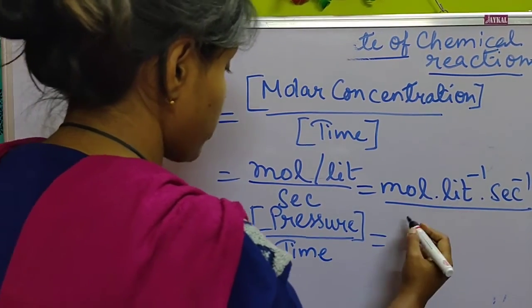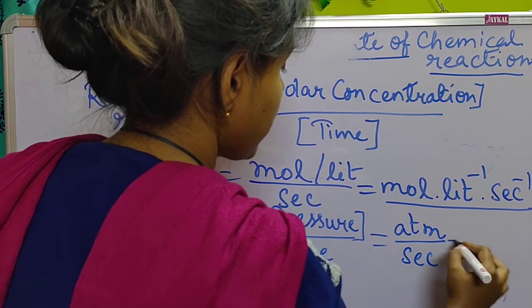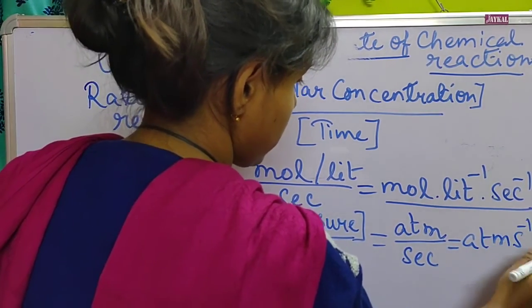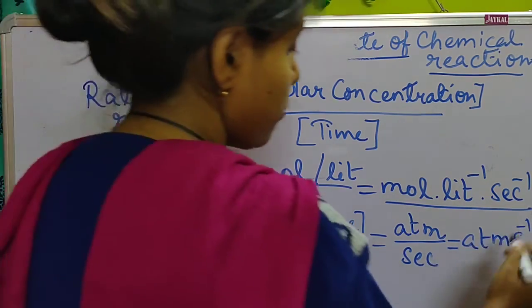Pressure means atmospheric pressure, so the unit will be atmosphere per second, or atmosphere second inverse.